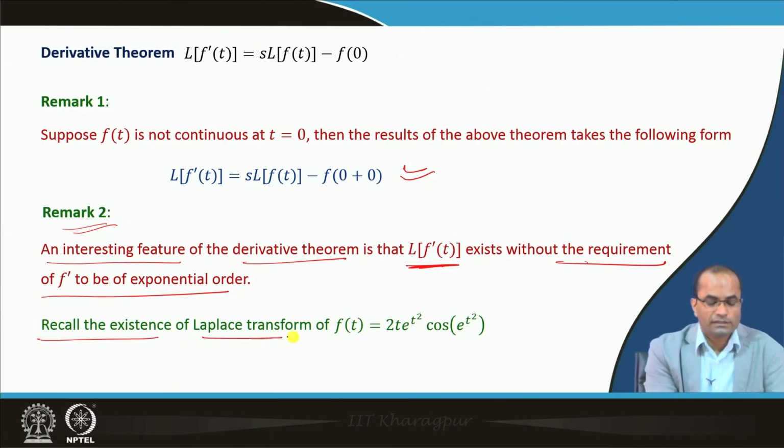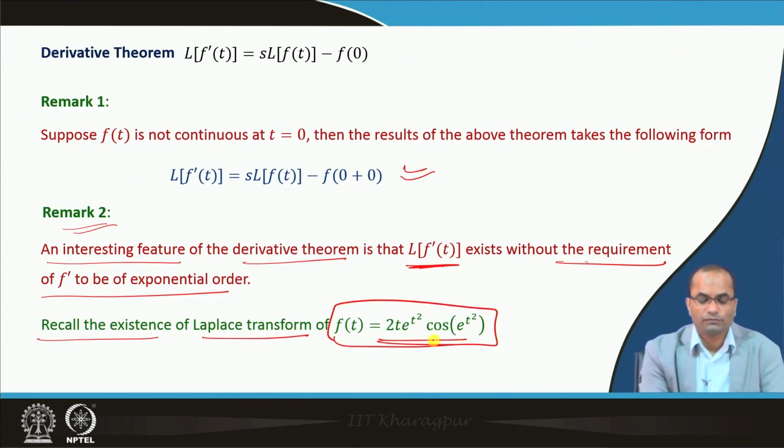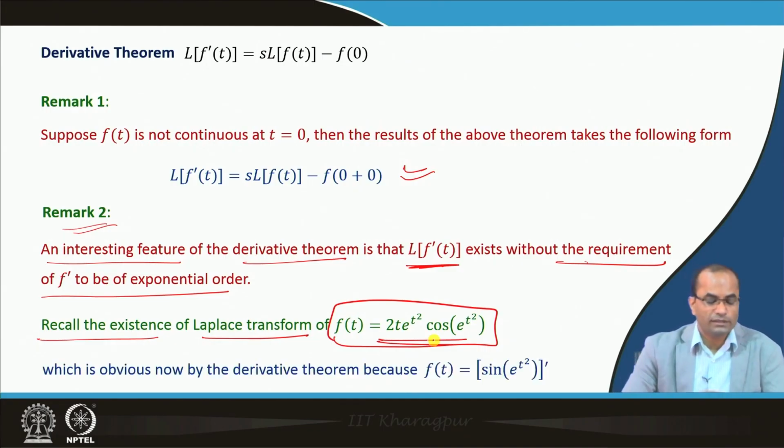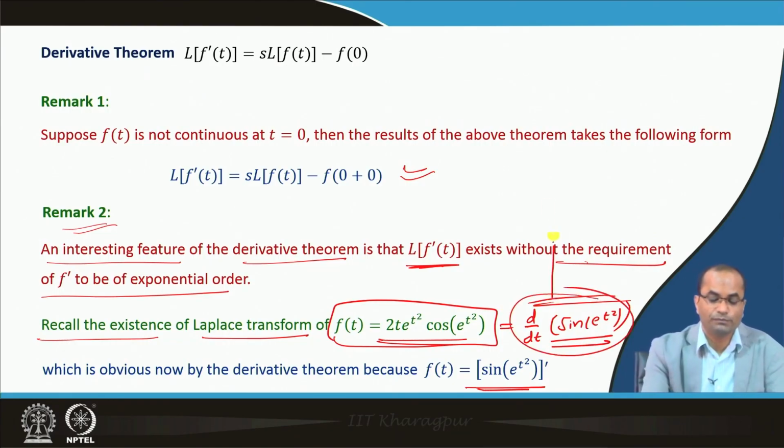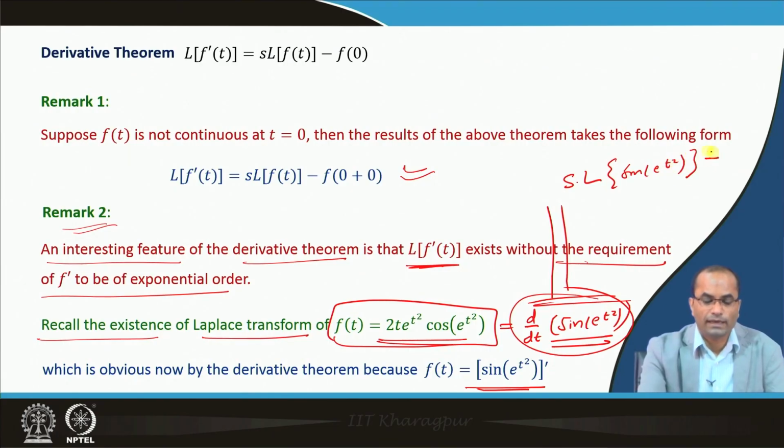And just to recall the existence of this Laplace transform, we have discussed in one of the lectures that the Laplace transform of this function exists, whereas this function is not of exponential order. And now it is clear, which is obvious from this derivative theorem, because this given function is the derivative of sine e to the power t square. If we apply the derivative theorem, the Laplace of this would be s times the Laplace of f(t), so Laplace of sine e to the power t square, minus f(0), which is sine 1.